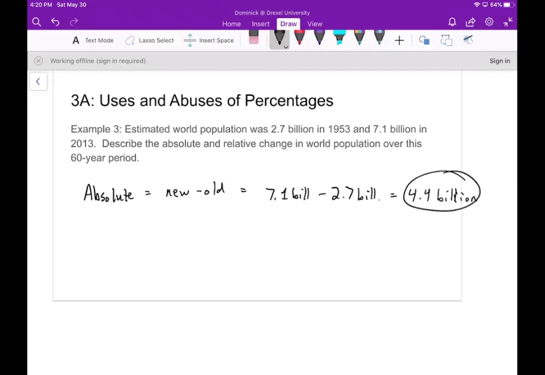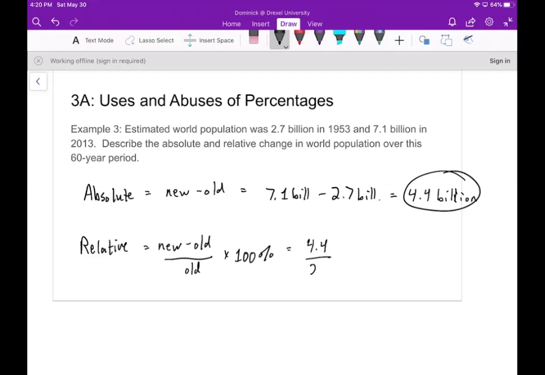And of course, that's our absolute change. Now to get our relative change, I need new minus old over old times 100%. And we found that new minus old in the absolute case was 4.4.